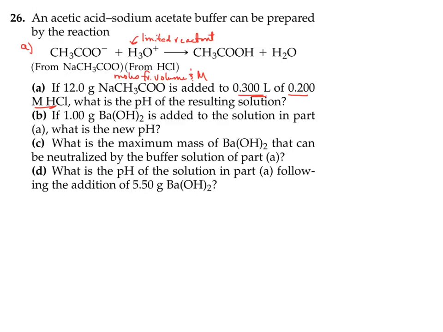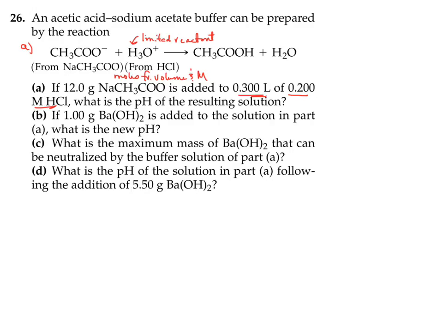So notice they said that you are going to add HCl to a sodium acetate solution. Acetate is a weak base, so basically what you're going to do is protonate a certain amount of that to make, you'll have acetate and acetic acid in your buffered solution. That reaction is shown up at the front.